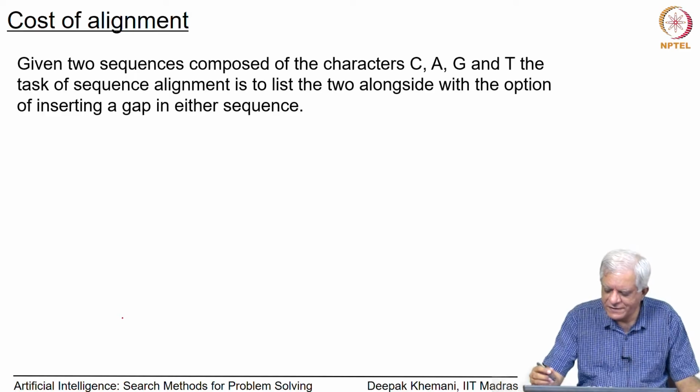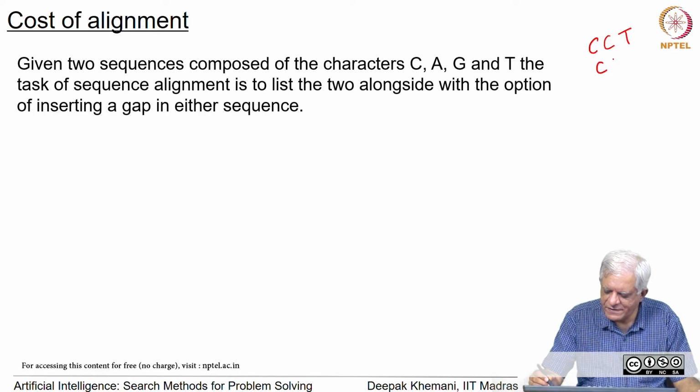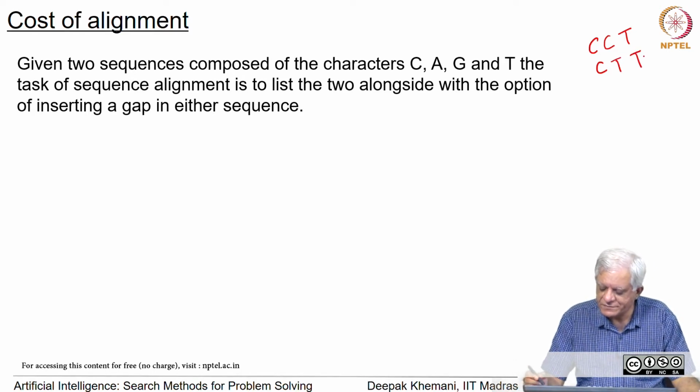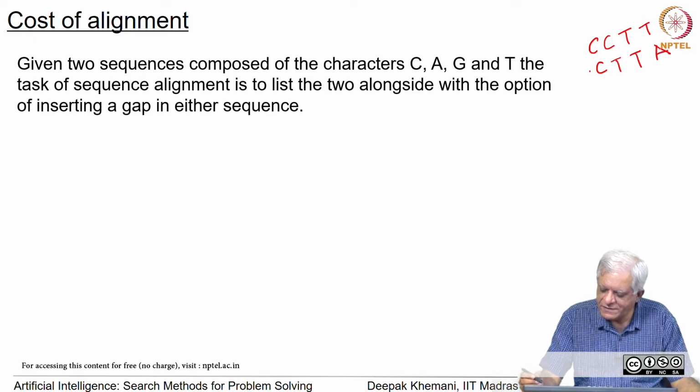So, for example, if you have a sequence C C T and another sequence C T T, let me add more characters to that, let me add a character A here.